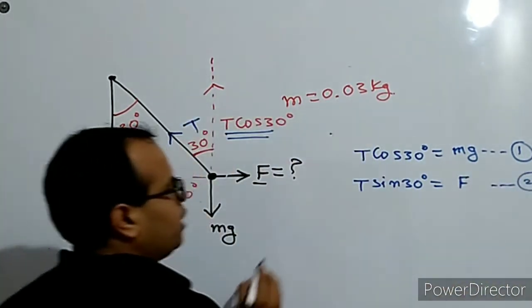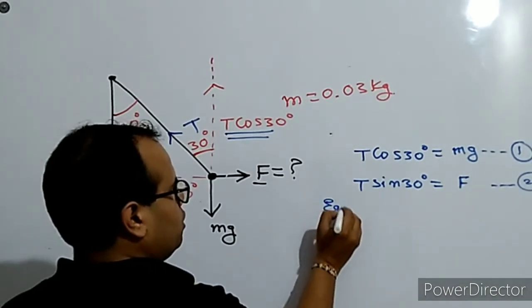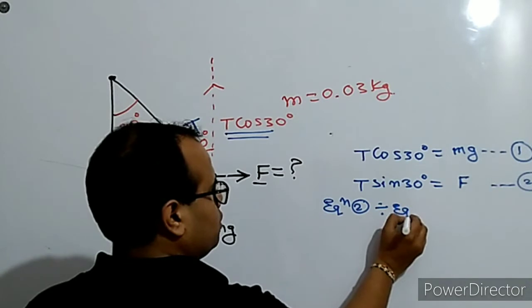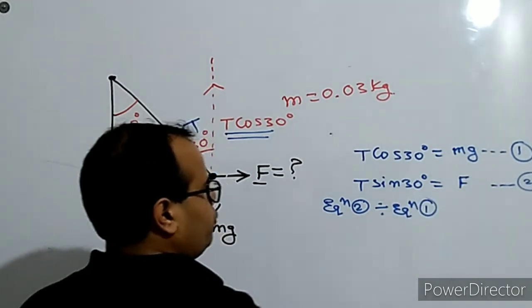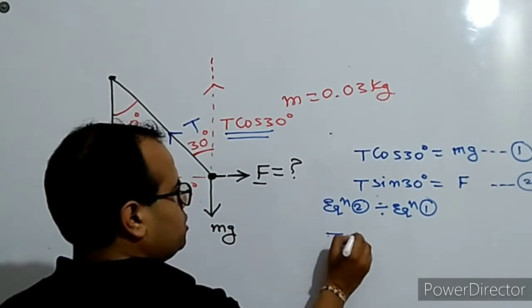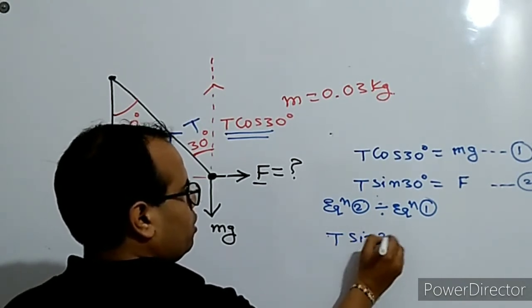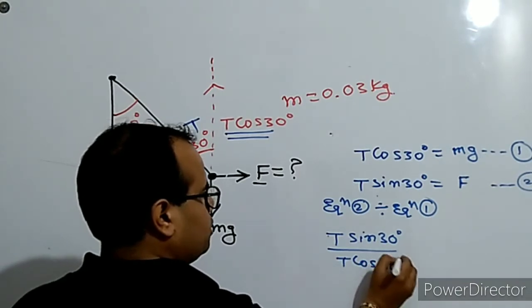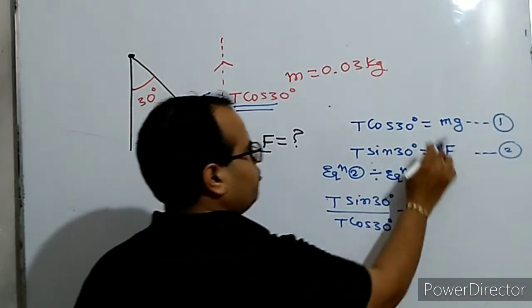Let us divide equation 2 by equation 1. So if you divide, you will be getting T sin 30 divided by T cos 30, and that is equal to F by mg.